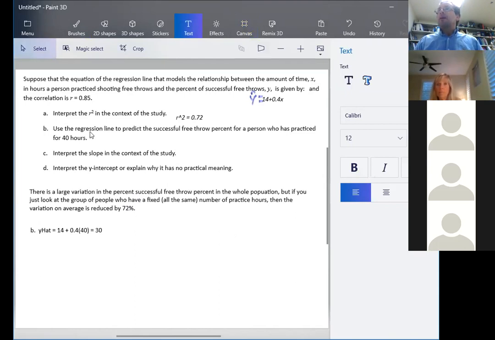Okay, all right, part C is interpret the slope in the context of the study. So yes, you do need to know algebra and remember basic algebra, especially today. Who remembers how to find the slope if you're given the equation? The hint is it's very easy. What is the slope?